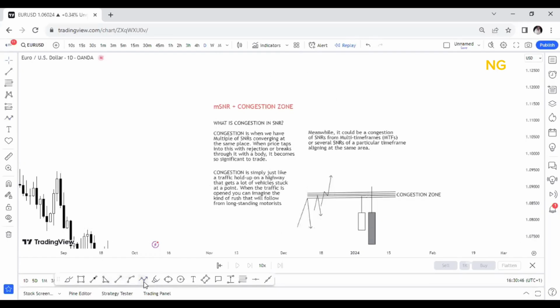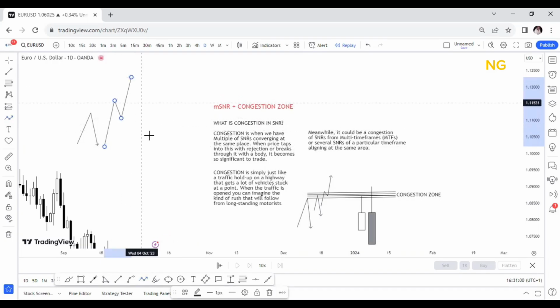You can have something like this. You can have another one, a kind of gap or breakout. Then you can have a gap.